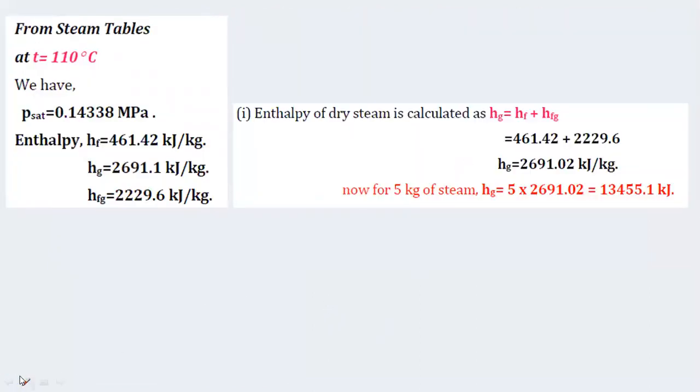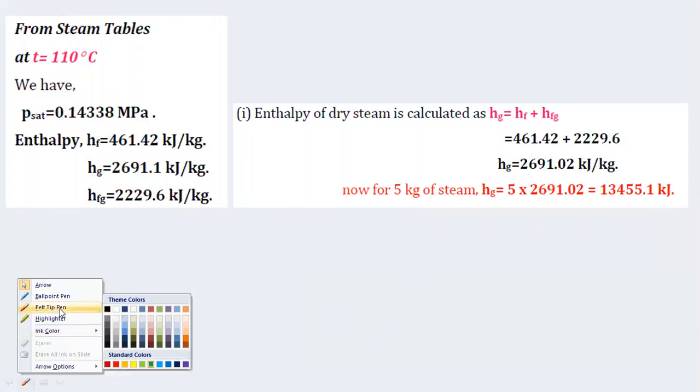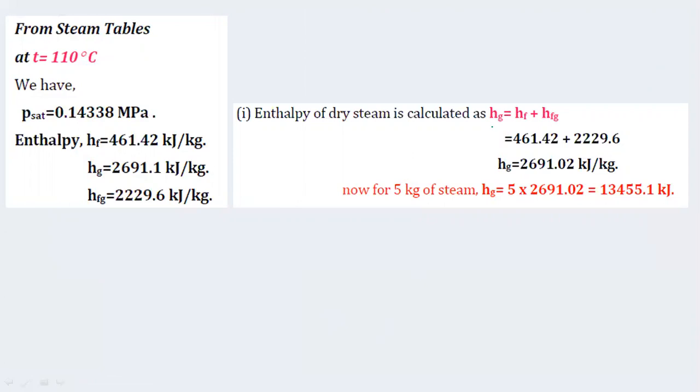If you come to the solution part, we have taken this equation and written that for dry steam, Hg is equal to Hf plus Hfg. Even this value is directly available in the steam table. This is for 100% steam, or dry steam. But whatever value you are getting is for 1 kg of steam.